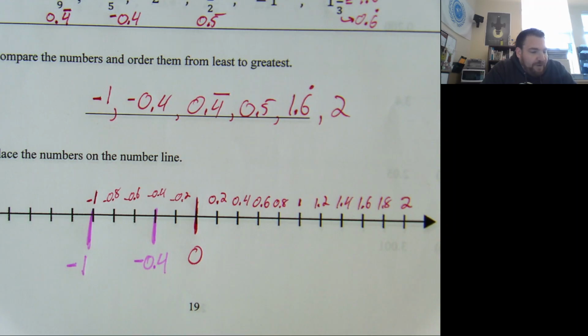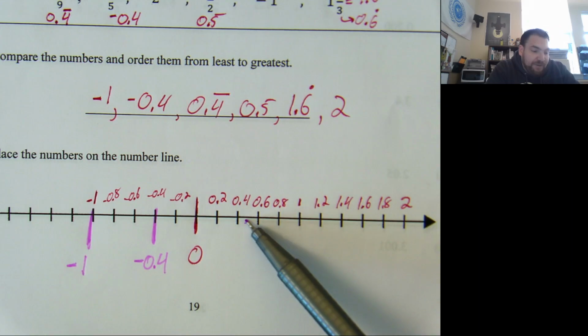Where am I putting 0.4 repeating? What's it going to go between on the number line on the positive side? Come on, guys. Is it bigger than 0.4? Is it bigger than 0.6? Okay, so where is it going to go? Is it exactly in the middle between 0.4 and 0.6?